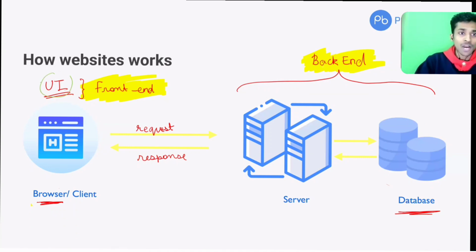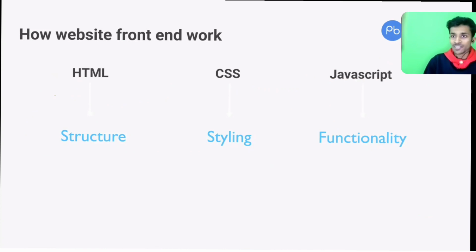How exactly do you create this user interface, the things that the user will interact with? You want to click some buttons, you want some images in your web page. How exactly do you create them? That is what front end development is all about.